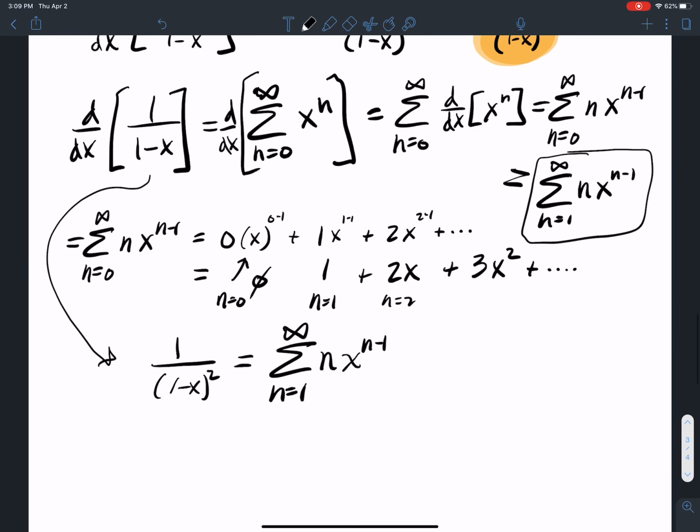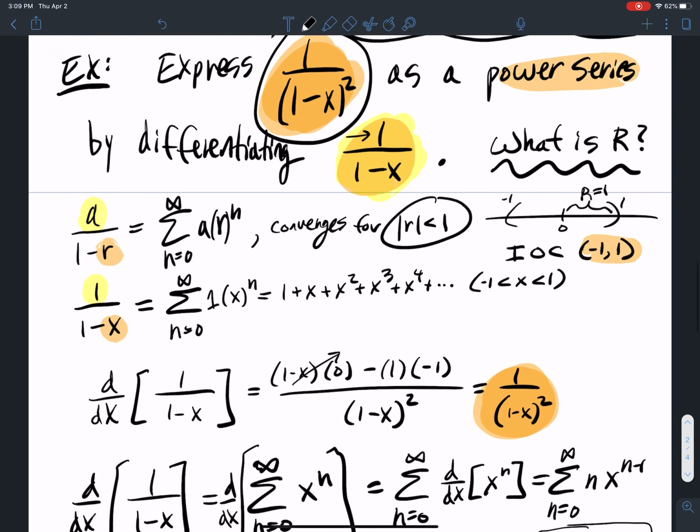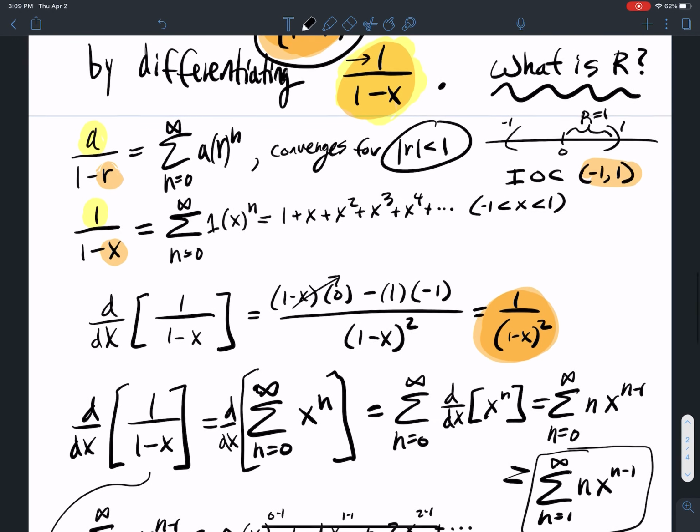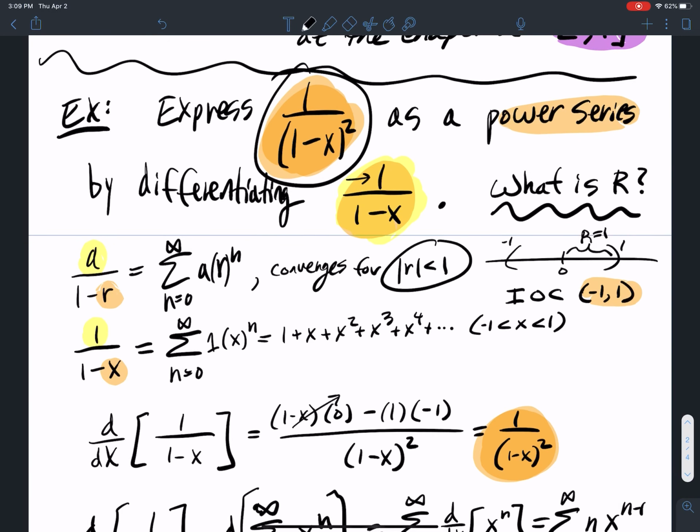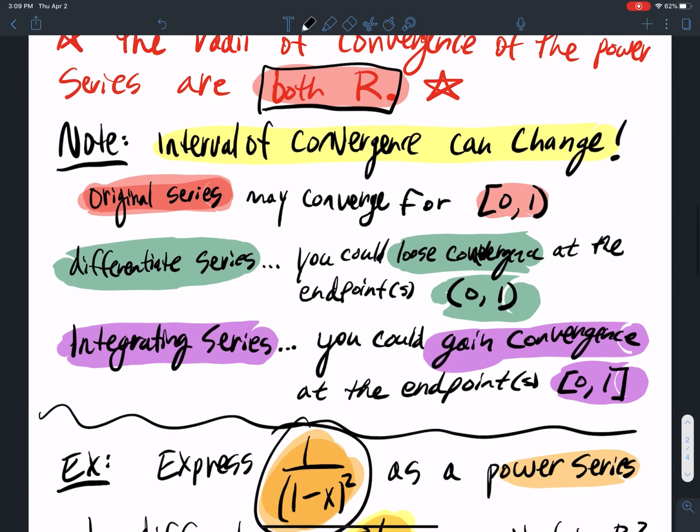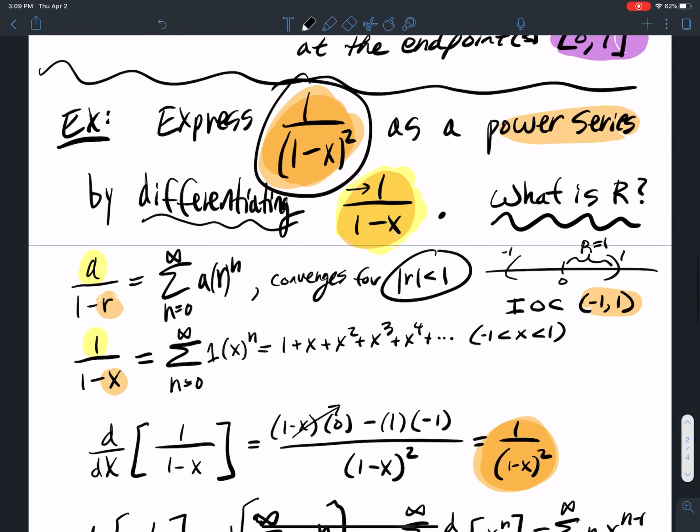So you can run through the test if you'd like, but you're still going to get a radius of convergence of 1, okay? They weren't asking for interval of convergence here. They were just asking for radius of convergence. But since we know that with differentiation, potentially you lose the endpoints on your interval of convergence, and our endpoints already aren't included, right?